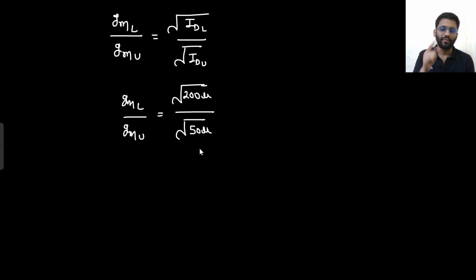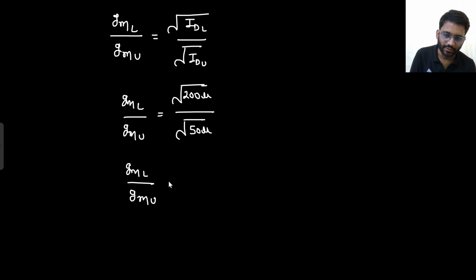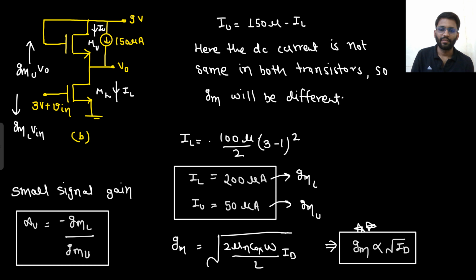Root of 200 by 50. So root of 4 is 2. So GML divided by GMU is equal to 2. So what should be the gain now? The gain would be minus 2. That's it. Did you get this answer?